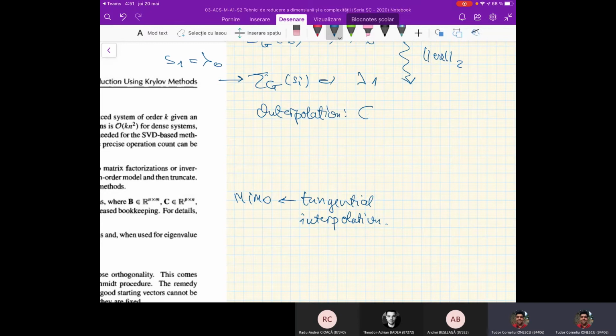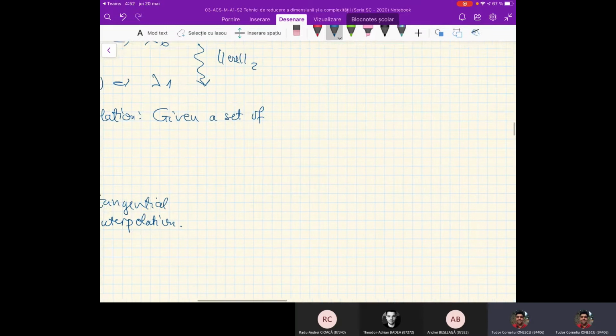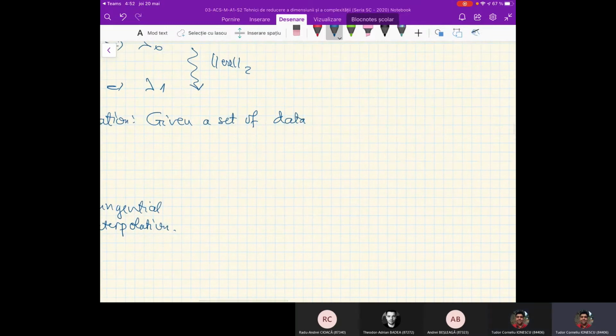Interpolation is given a set of data, vi, wi. Okay, so this is input data, and this is measured data.